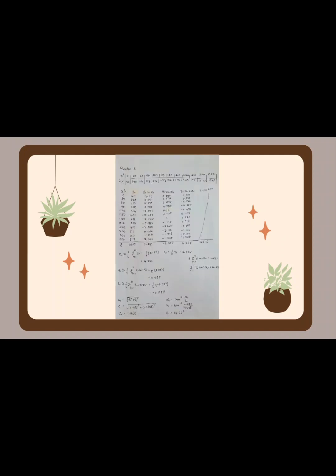Based on the values we get from the table, one value we have to find, and one value is already given. We use the same formula, 1 over 6 times the value, and we get 0.704, and the value of B2 is 0.796. Then we can proceed to find C2, and then we get alpha 2, which is 42.47.